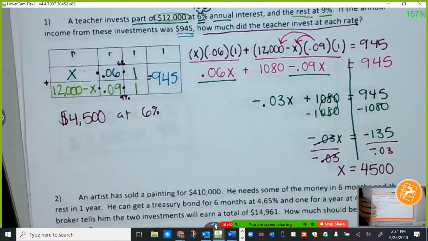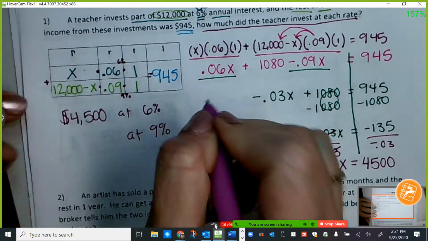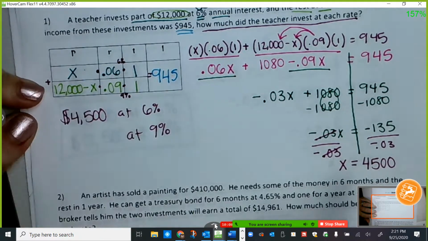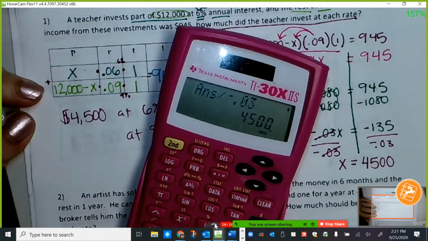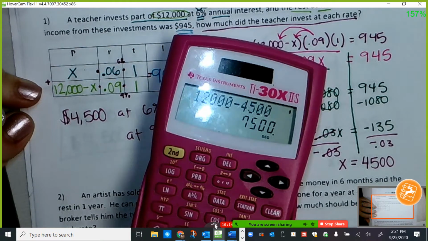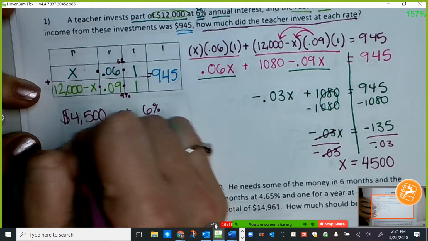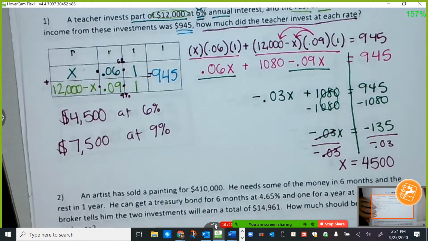Okay, how would we find out at 9%? Yeah, we're going to plug it in. What's 12,000 minus x? Well, x is 4,500. So 12,000 minus 4,500. So 7,500 at 9%.